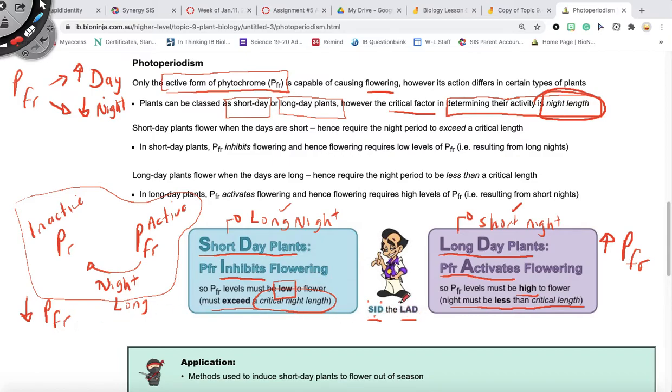Long day plants are activated by PFR. So you actually want to have shorter nights. The night must be less than the critical length. You want short nights so that during the day you have an active production of PFR. Okay?